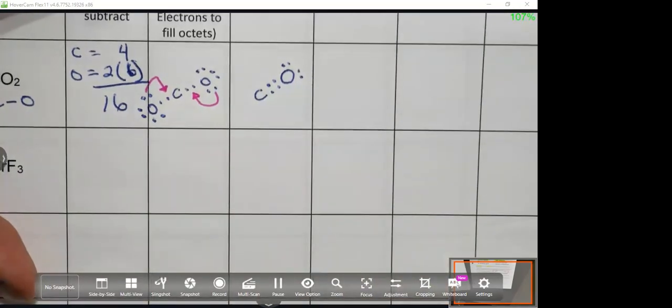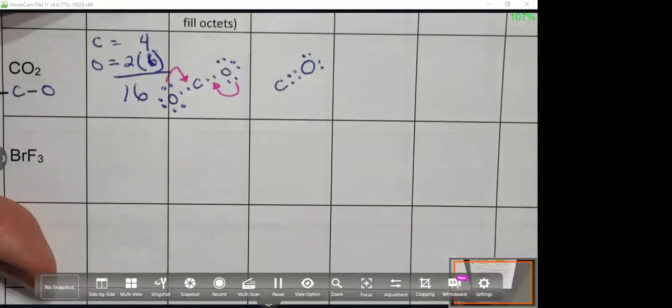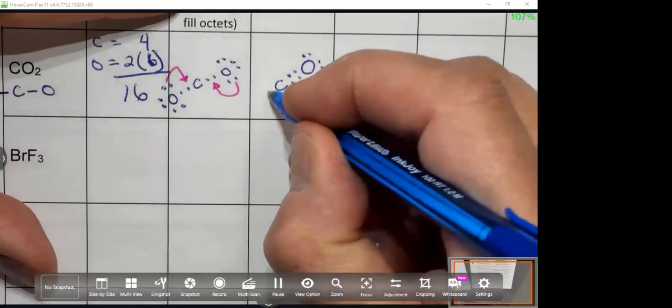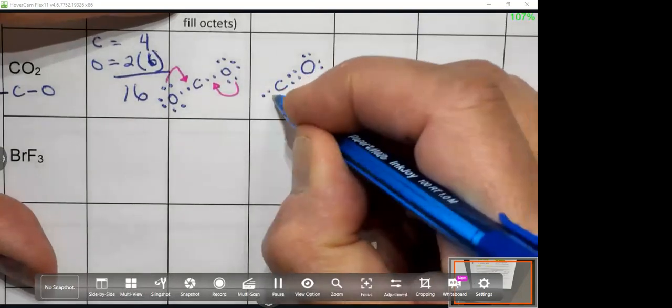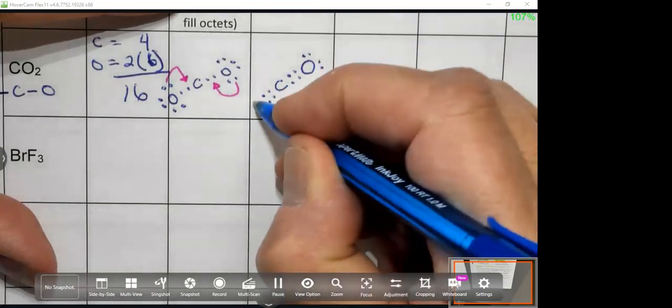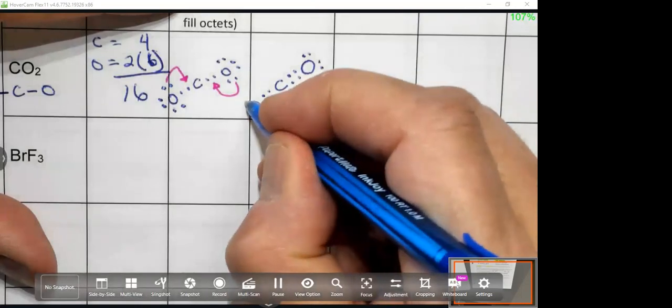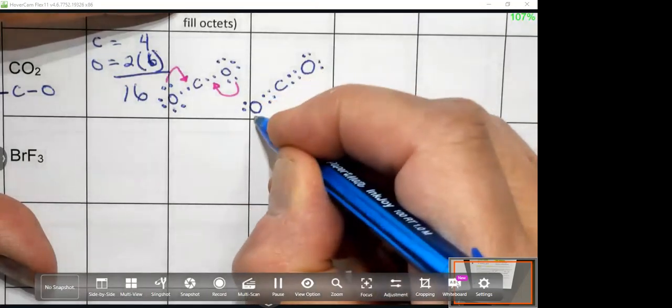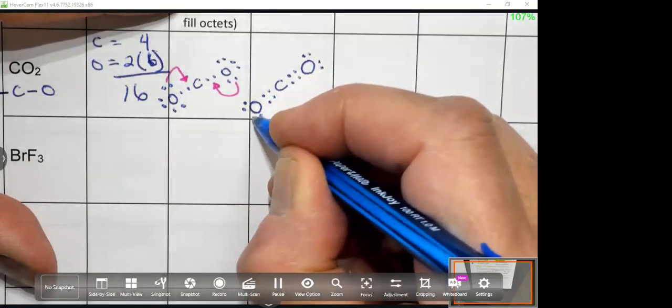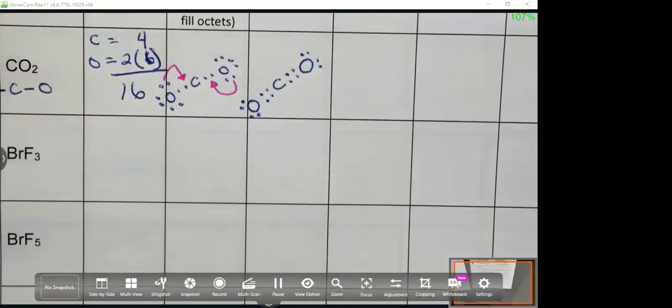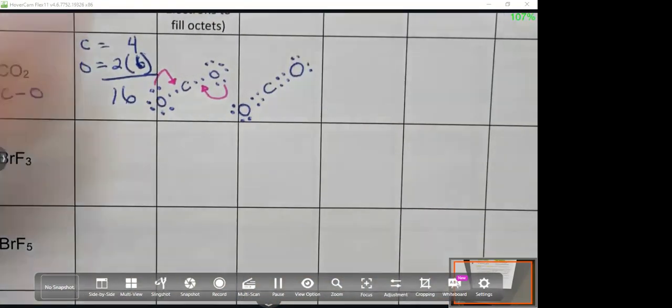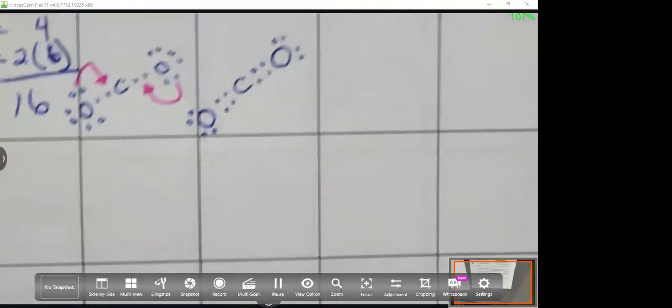That's kind of okay. And I've got to do the same thing for my other oxygen. I've got to put 4 in here. Here's my carbon dioxide molecule.